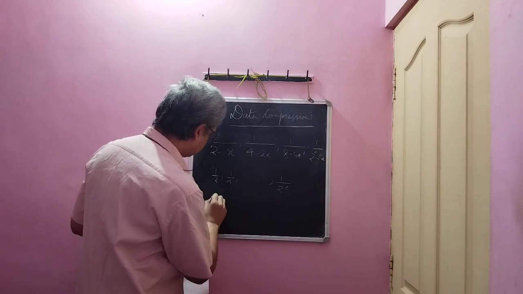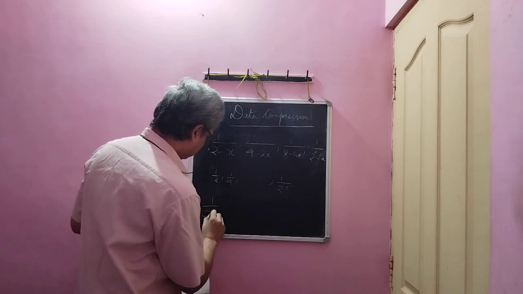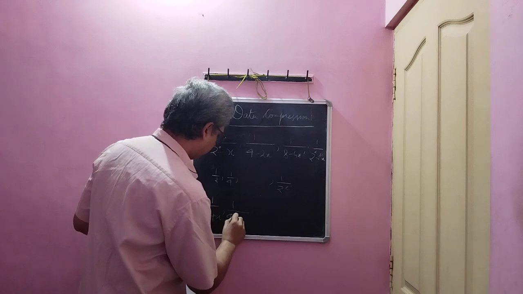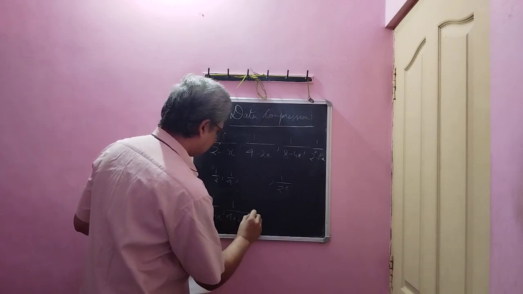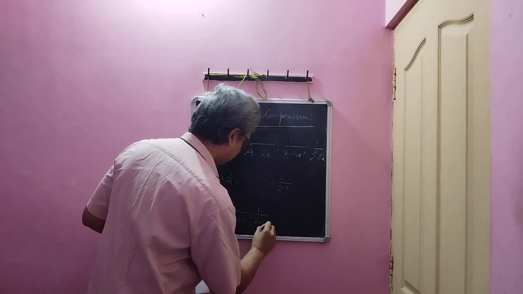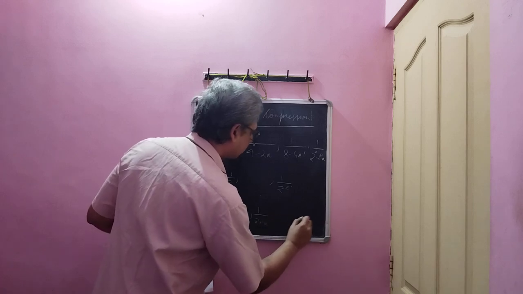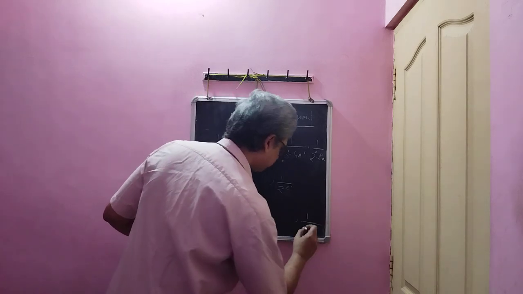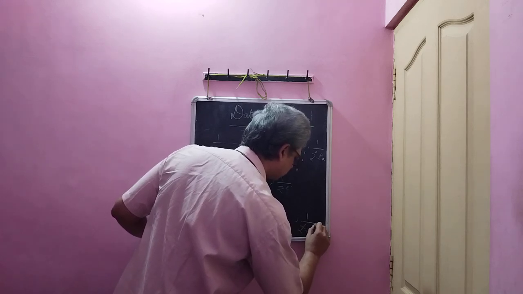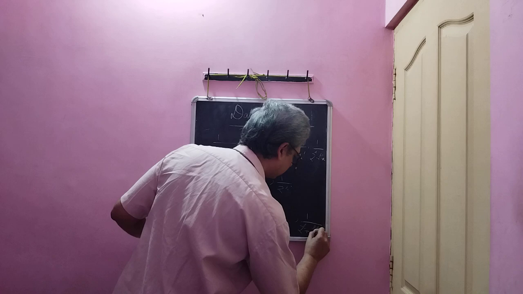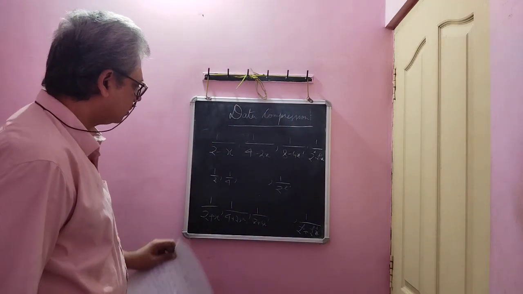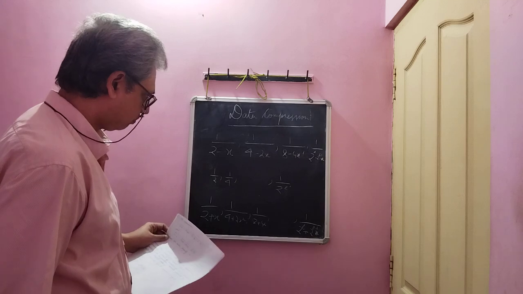Likewise, we have the other sequence as well: 1 by 2 plus x, comma 1 by 4 plus 2x, comma 1 by 8 plus 4x, and so on, where we require 1 by 2 power l plus 2 power l minus 1 into x.